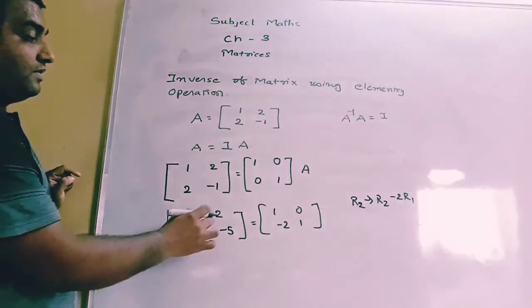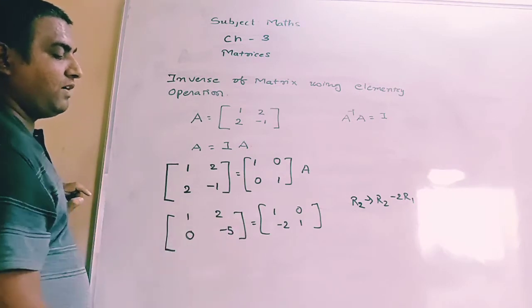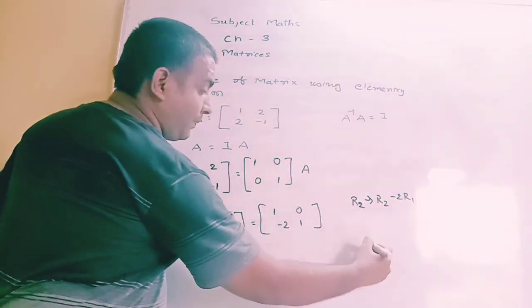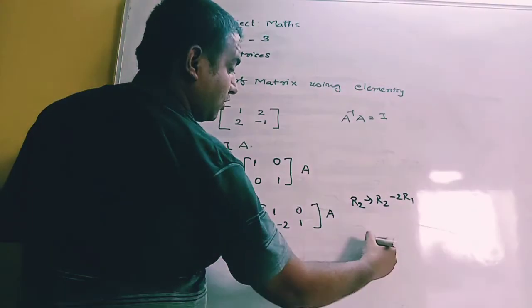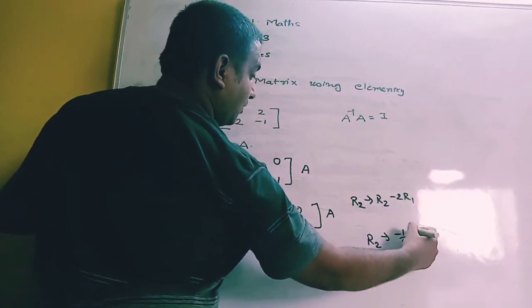Now here 1 0 we already got, now here we want 1, so minus 5 divided by minus 5 gives 1.